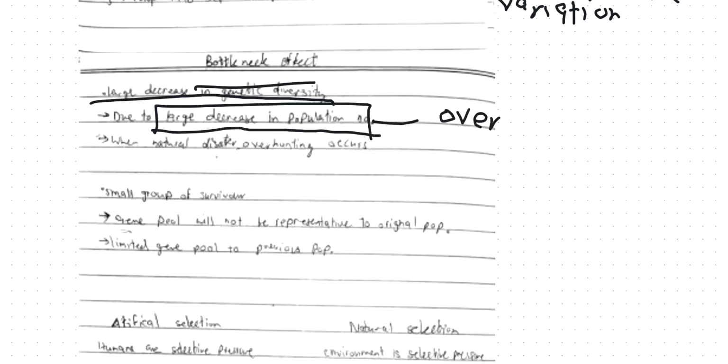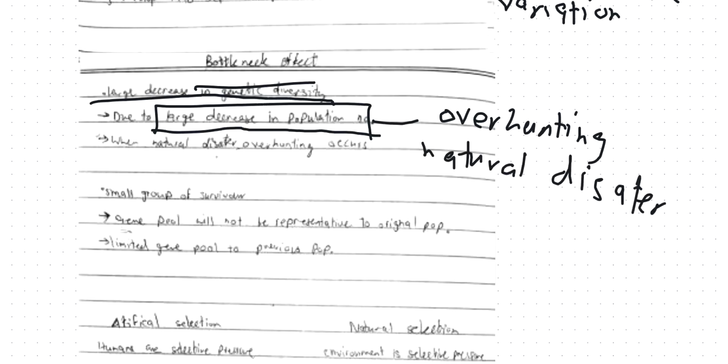or you can have natural disasters like earthquakes or tsunamis and all of that stuff. So yeah, the bottleneck effect decreases the population, and it can result from overhunting or natural disasters.